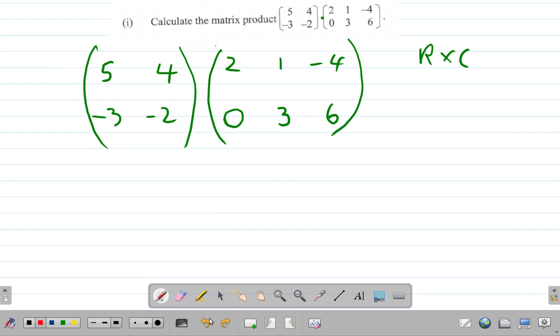So therefore, it's this row times this column. Multiply the first elements. First element in row 1 times first element in column 1 plus second element in row 1 times second element in column 1. You must follow the pattern.